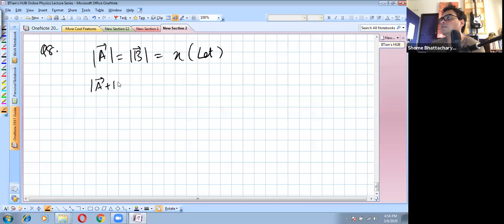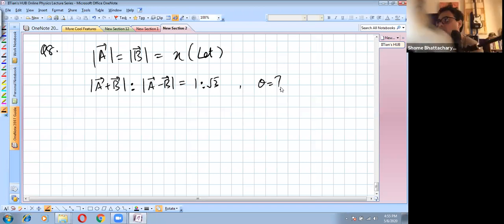So the magnitude of A plus B, in ratio with the magnitude of A minus B, is equal to 1 is to root 3. From that we have to find the angle between the two vectors, right? Or we have to find something else.